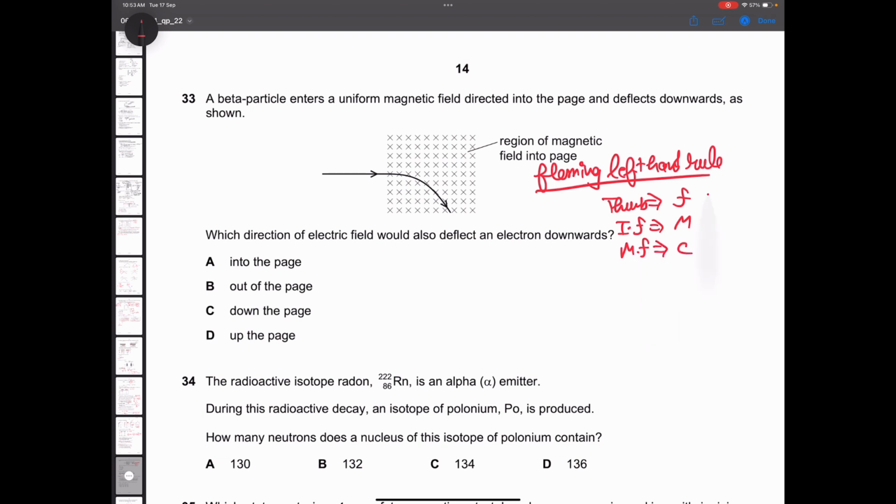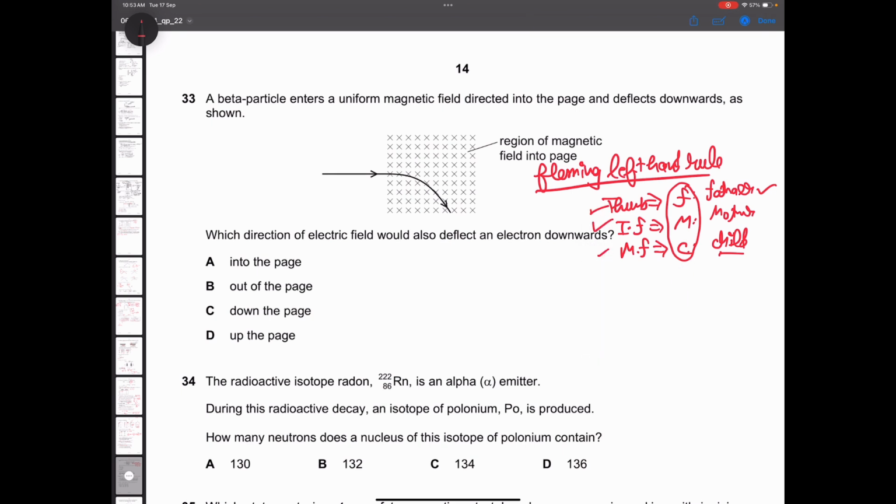Or you can simply remember father, mother, child, totally your choice. It's just a small mnemonic for memory. FMC: force, magnetic field, current in series. First there is thumb, then index finger, then middle finger.